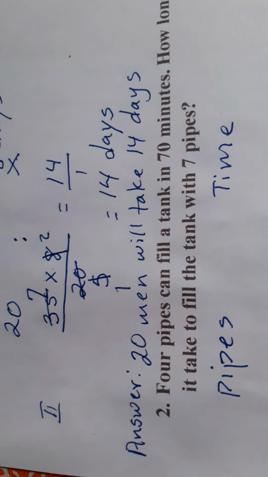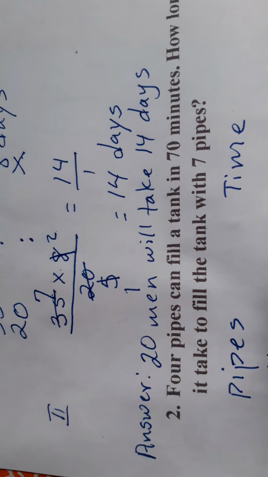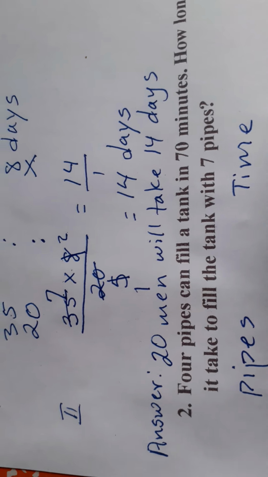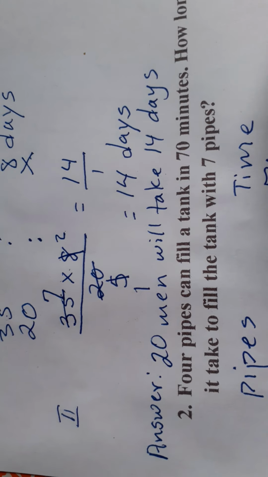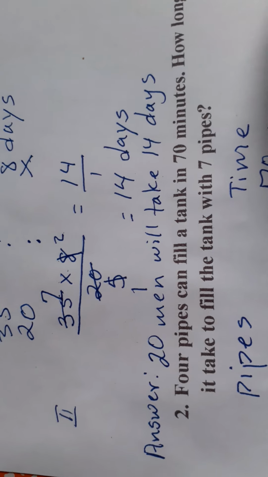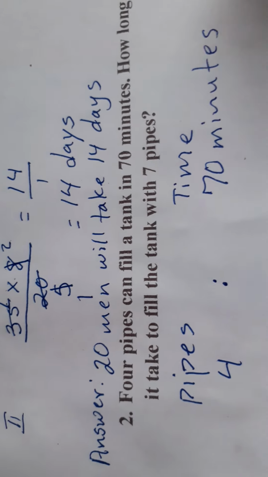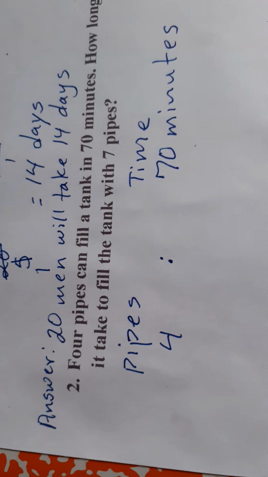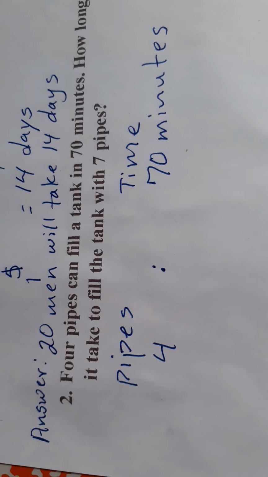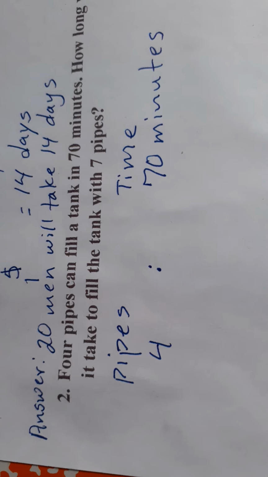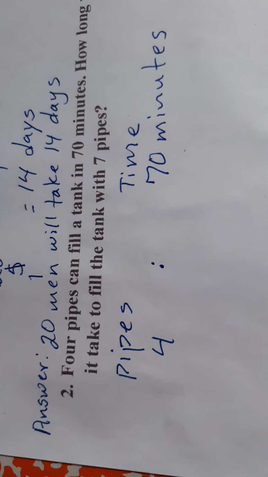How many pipes? 4. 4 pipes take 70 minutes. What is the time? 70 minutes. So 4 pipes take 70 minutes to fill the tank. That's the action being taken or the work that is being done.